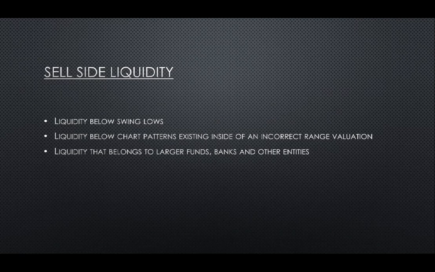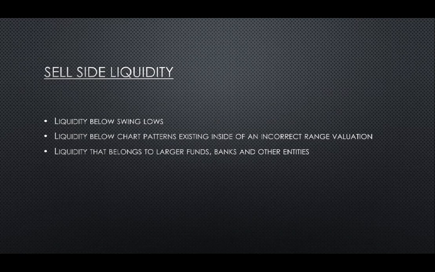So the sell side liquidity inside of premium is going to be induced to get into discount, and then create a sustained price move to the upside. Okay, let me repeat. Chart patterns existing inside of an incorrect range valuation.